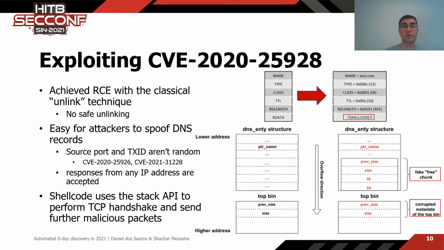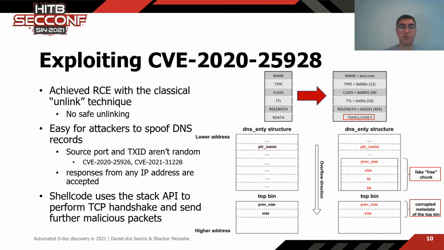Which are the other two vulnerabilities that we mentioned at the beginning. And which means that in the end, responses from any IP address are accepted and will be processed by the stack. And the shellcode that we developed actually uses the stack API to perform TCP handshakes and send other malicious packets. And we'll discuss a little bit further on an attack scenario.